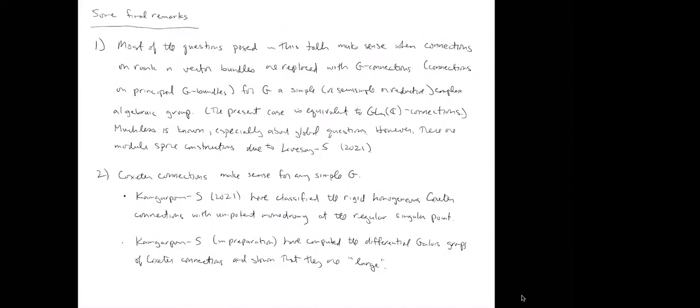I think it's quite natural. It was a Deligne question to Simpson after his work on the 21st Hilbert problem about the existence of a connection with prescribed monodromy.